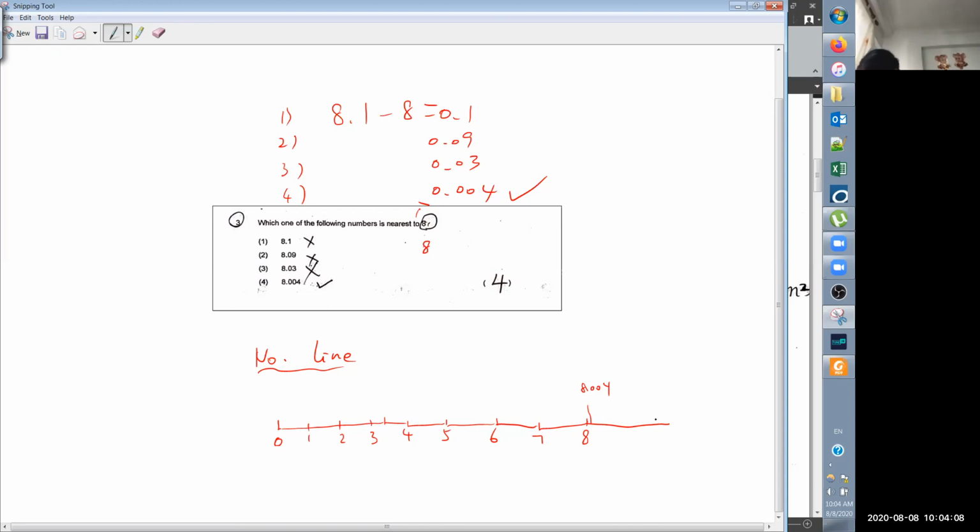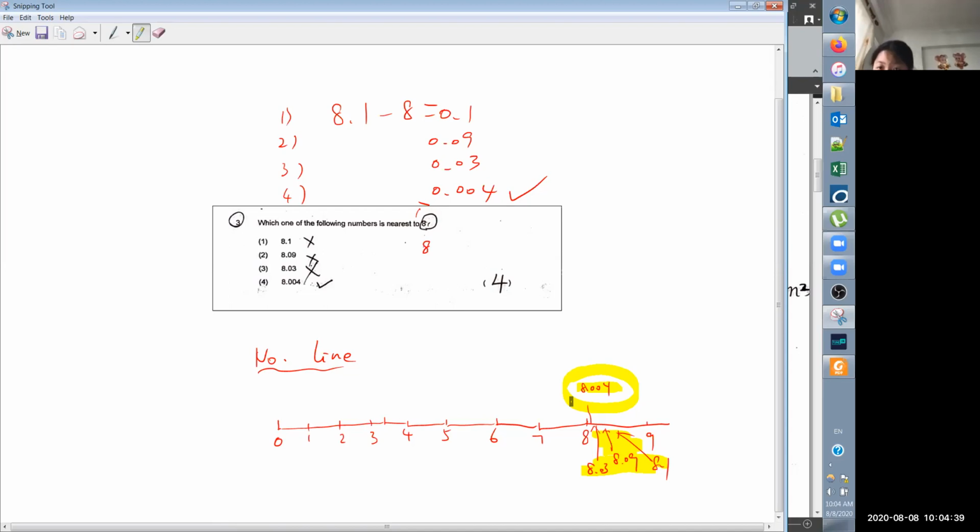So let's say this is 9, okay? So this is probably your 8.03, and then of course your 8.09, and then 8.1, that kind of thing. Okay, then you can actually see that the closest among all this is actually your 8.004. Okay, that's how you find out the nearest to 8.